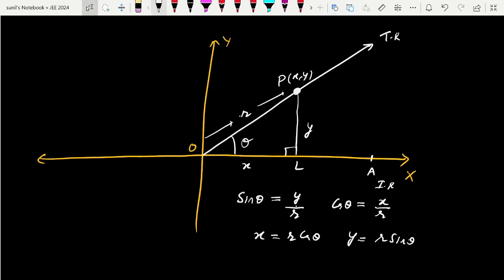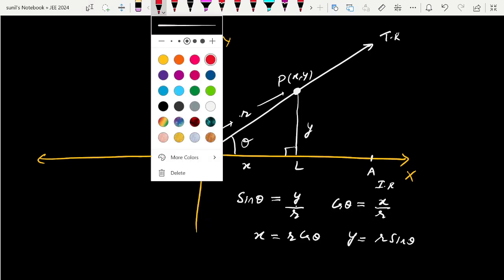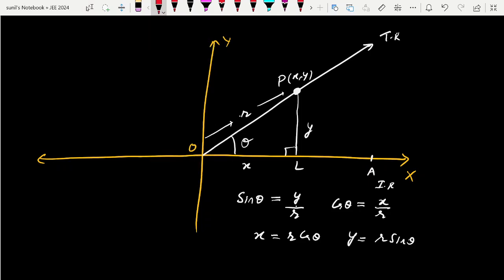Suppose I take another point on this ray. Now how many points can I take on this ray? There are infinitely many points. Suppose there is another point, say P dash, on this ray having coordinates x dash and y dash. Now again, if I drop a perpendicular here, say this is OPM, and suppose this distance is r dash.